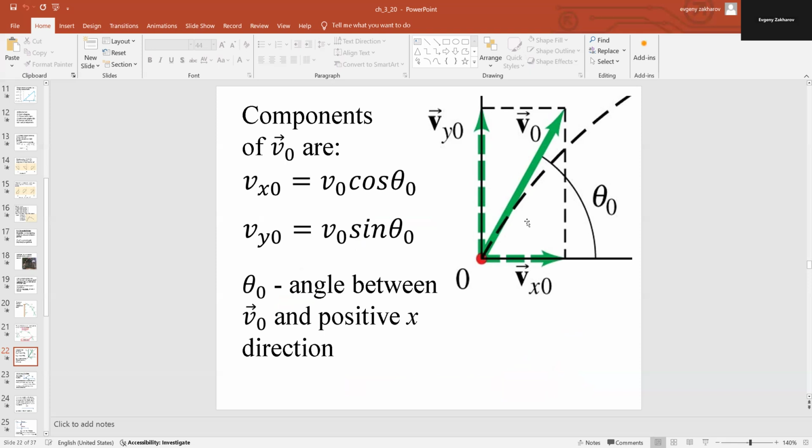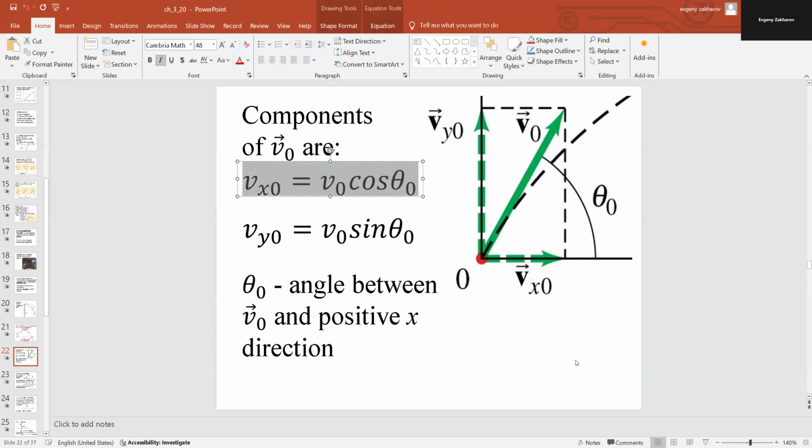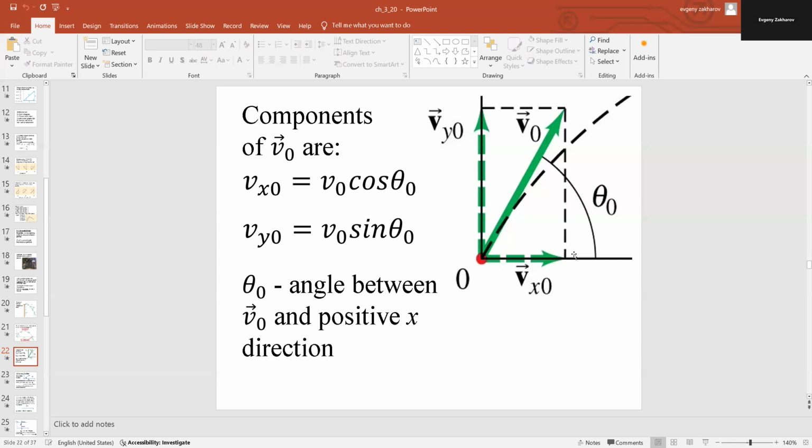If this is your reference angle, then you can easily calculate the x component as adjacent side, and therefore you're going to use a cosine function. Or if you want the y component, see how this side of the parallelogram is equal and parallel to this side of a parallelogram. So sides are equal, therefore this side is the same as that side.